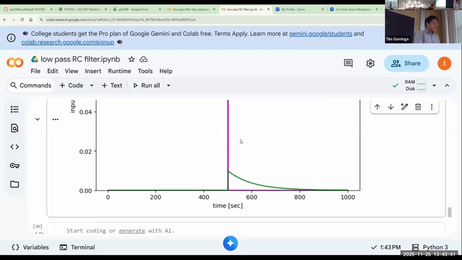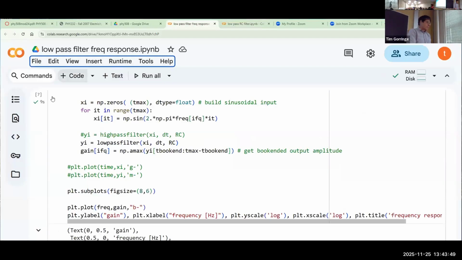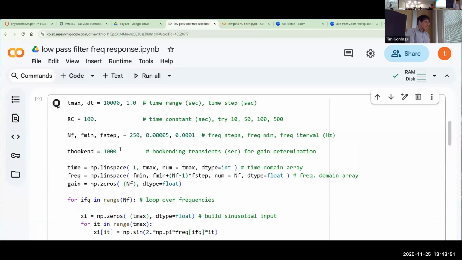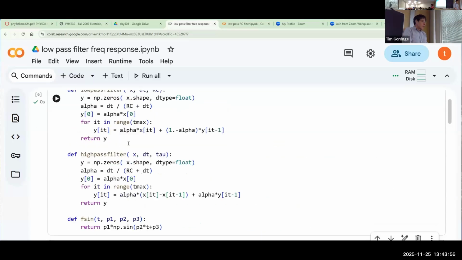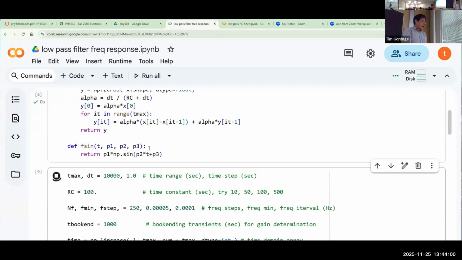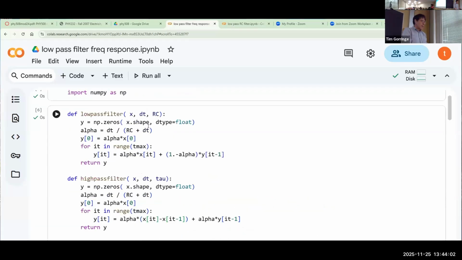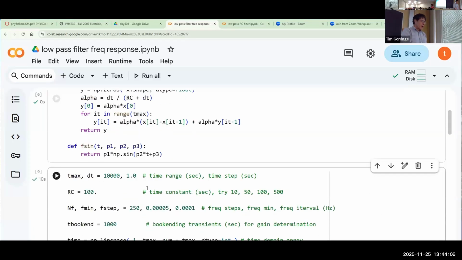Just to end up, I want to show you one other code where I'm just going to show you the plot, basically. So in this code here, I implemented my low pass and high pass filters. I just copied those over.